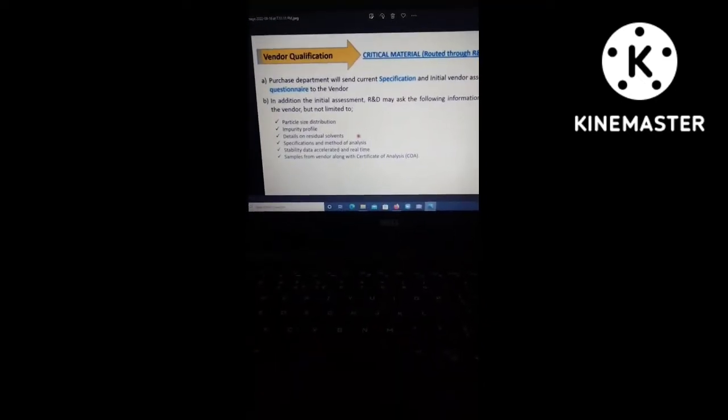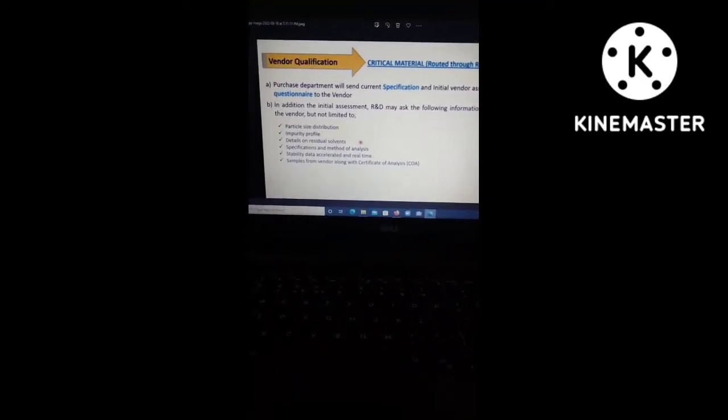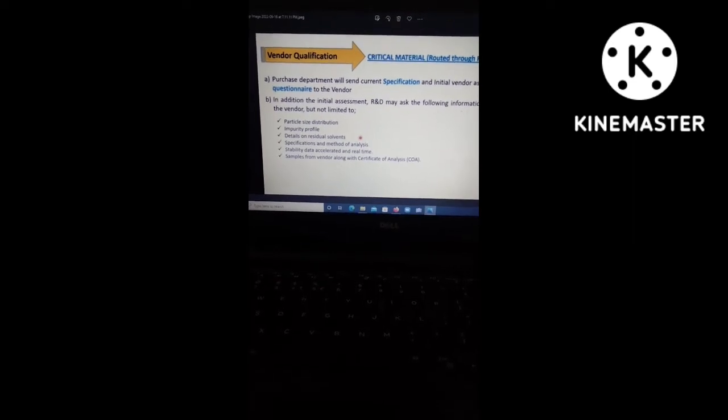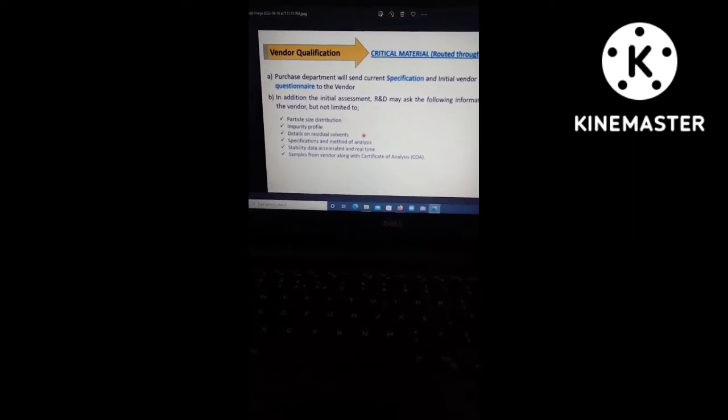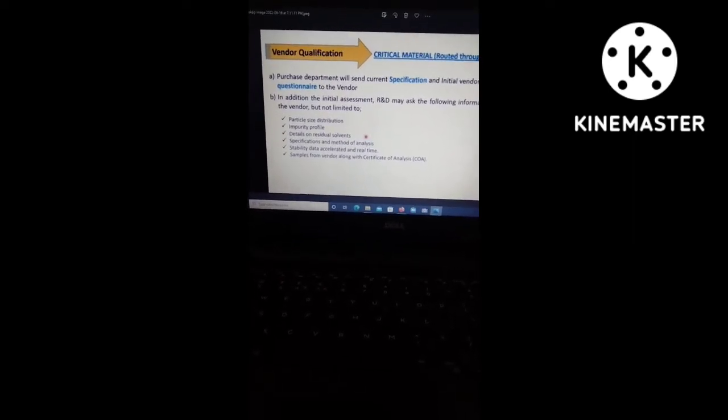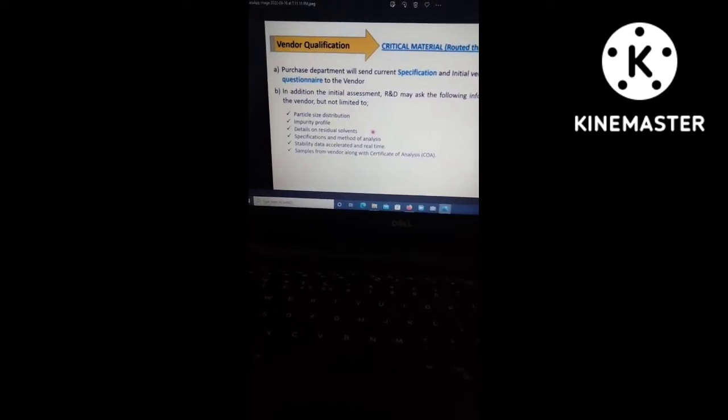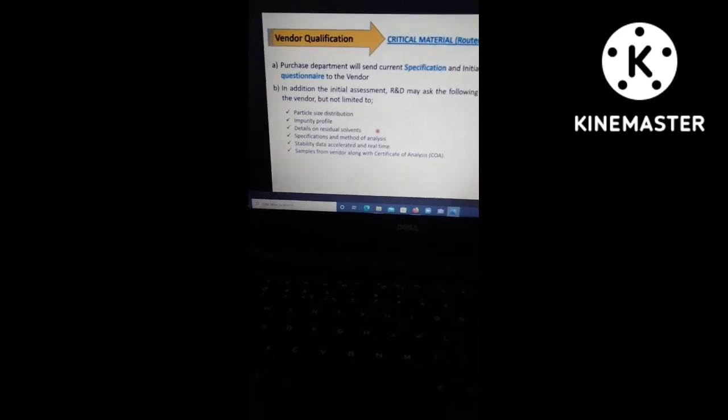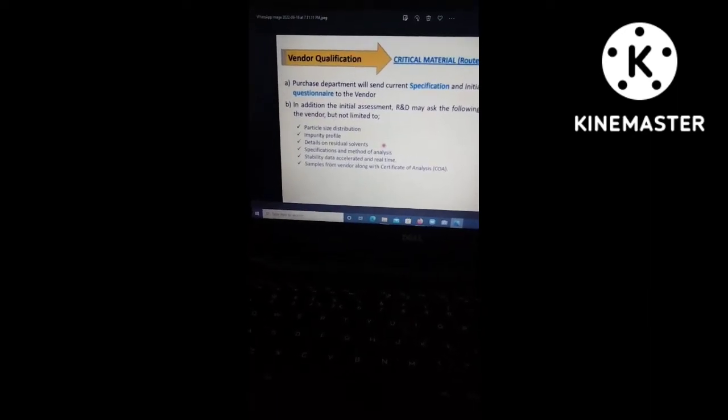So see here, the purchase department will send the specifications and questionnaire to the vendor from the plant. During that time, the purchase department has to send the requirement taken from the R&D of the plant. So R&D may ask for the following details.